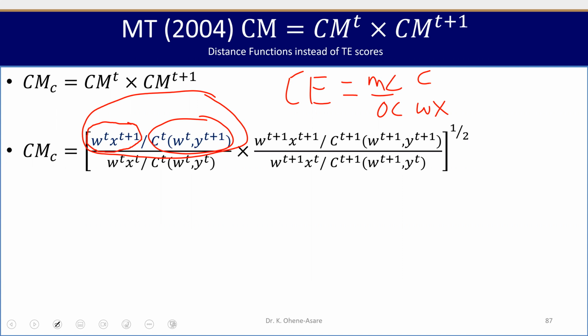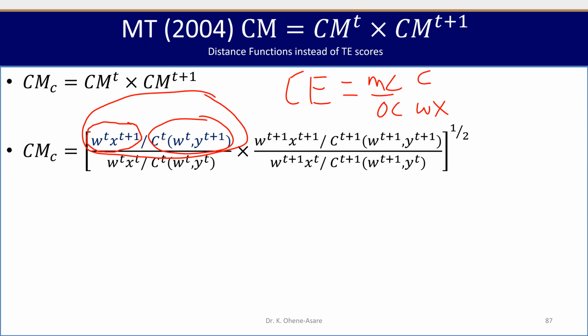Michael, I'm sure you get it now. Yes, Doc, I get it. Okay, take note that in this very example, because we are using distance function, the C is always the denominator. If you check all the formulae, every time you see these two formulae, one divided by the other, the denominator is always a C, the minimum cost, because we are dealing with distance function.